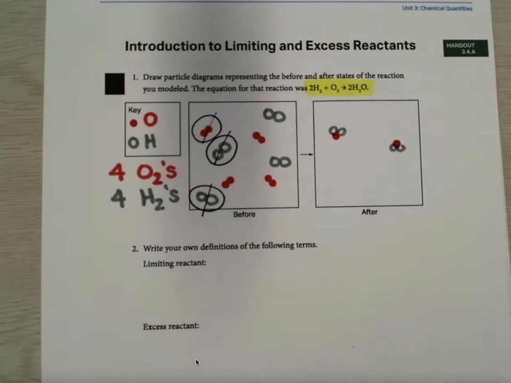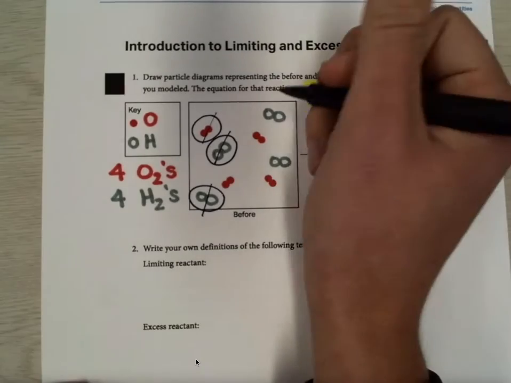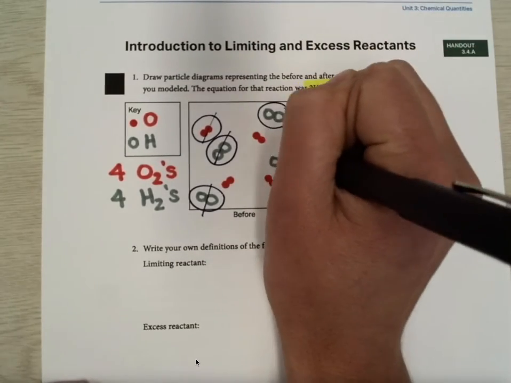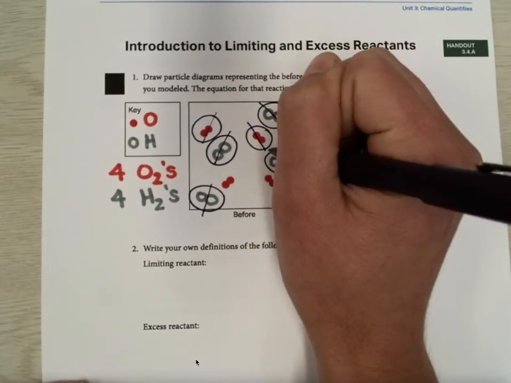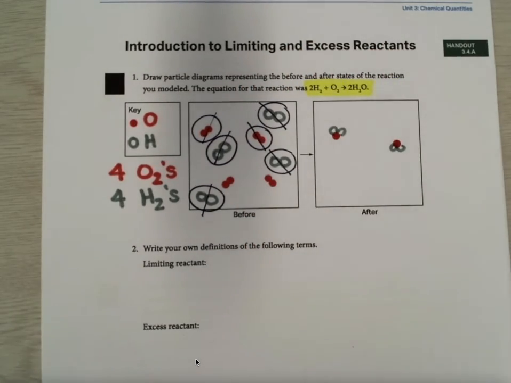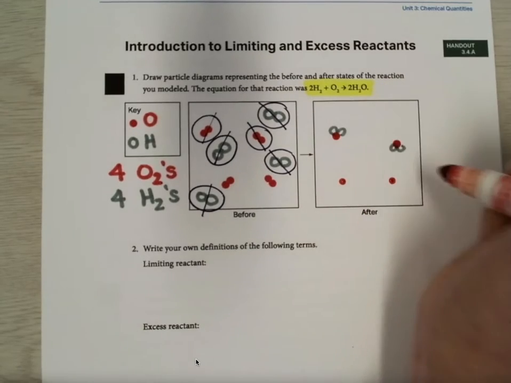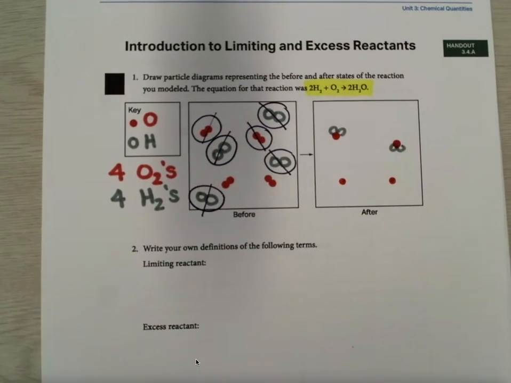So then the question I can ask is, can you do that again? Do you have enough material? The answer is yes. If I take 2 hydrogens and an oxygen, those will break apart and we will form 2 water molecules.